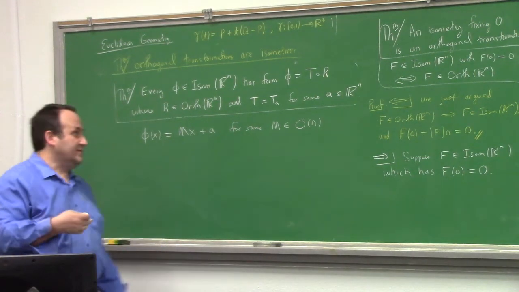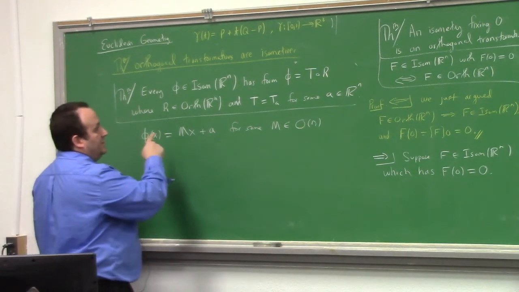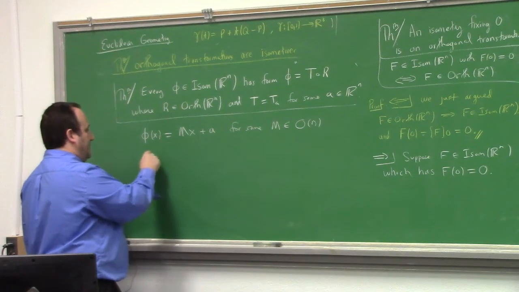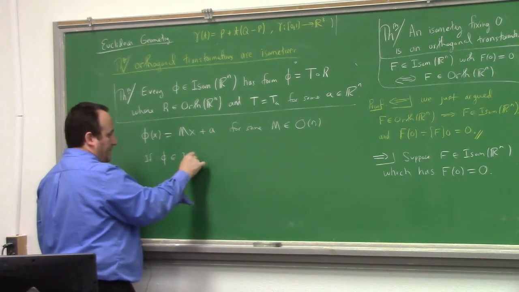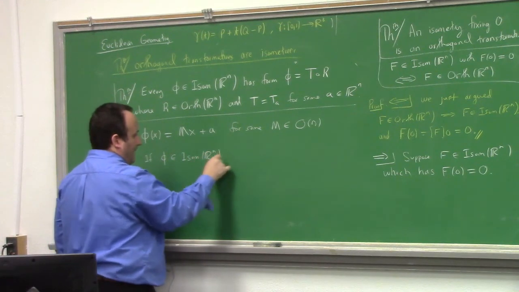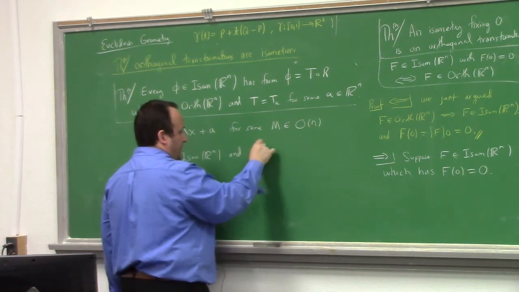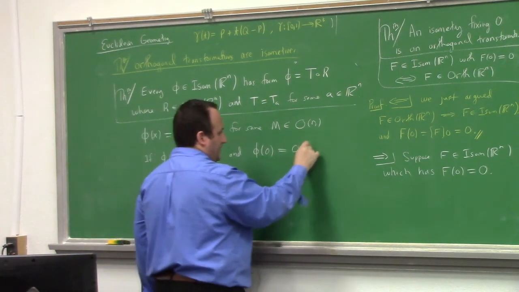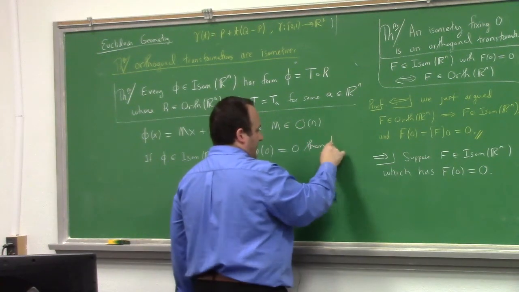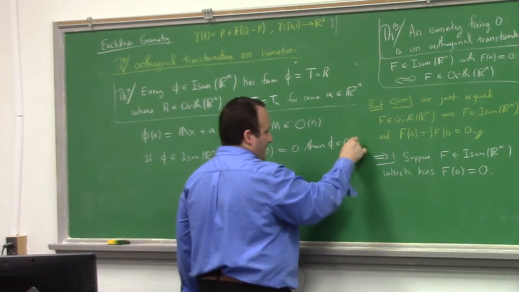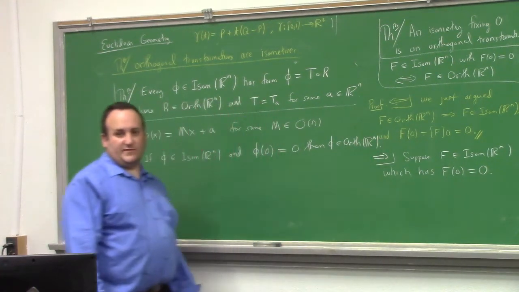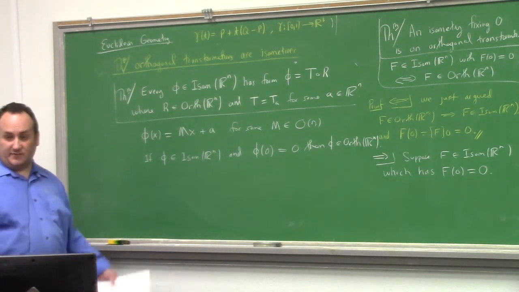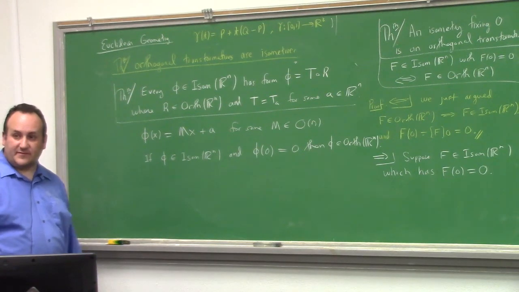So all that remains, furthermore, is this: if phi is an isometry, and phi of 0 is equal to 0, then phi is orthogonal, right? By our previous theorem, which wasn't easy to prove. But if it fixes the origin, it's an orthogonal transformation.